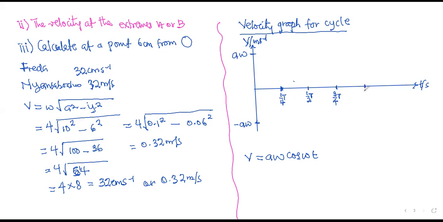It's just similar to going on circular motion from 0 to 90, 90 to 180, 180 to 270, and 270 to 360, the same thing. So we can even plot this in terms of angles. A omega cos theta. A omega cos theta. And here we'll plot it in terms of angles, so it's just the same thing as we have done.